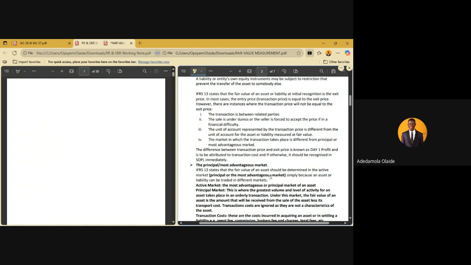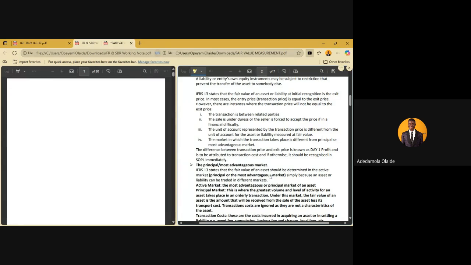Alaba market. If we want to talk about iron transactions, most of it will take place at Owode. So those are the principal markets for those kinds of transactions, the market where the greatest volume of transactions takes place.